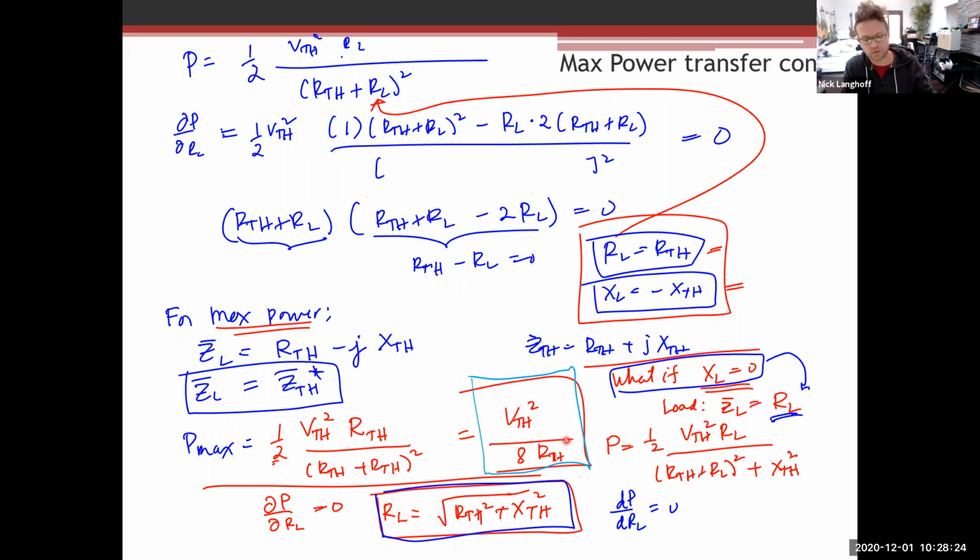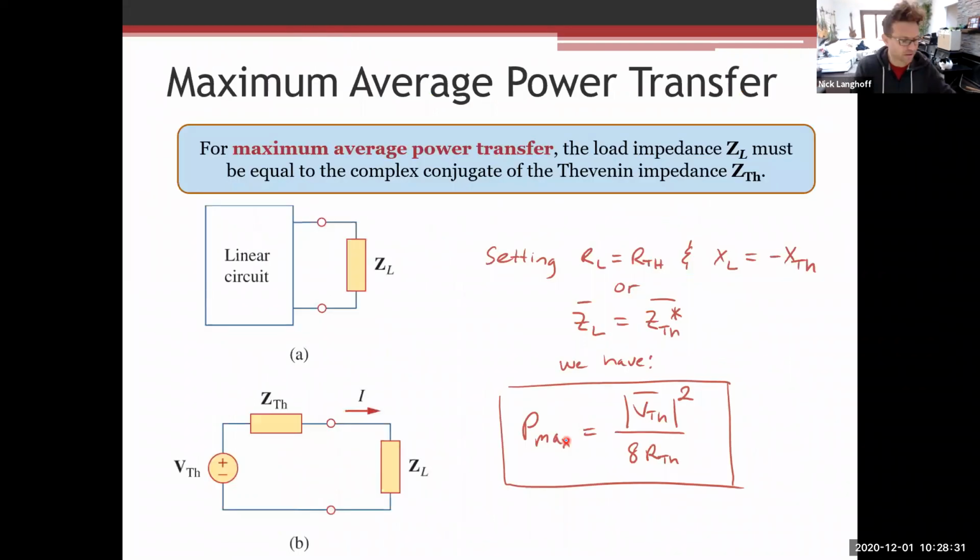So again, I left some of the notes in there which align with the textbook. You can look through the textbook if you would like more detail. But all that you really need to focus on is summarized on this slide: for maximum power transfer, you want to set the load impedance equal to the complex conjugate of the Thevenin impedance.